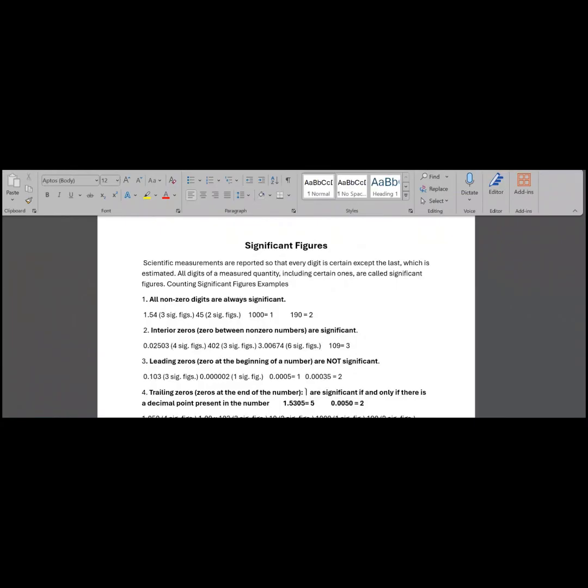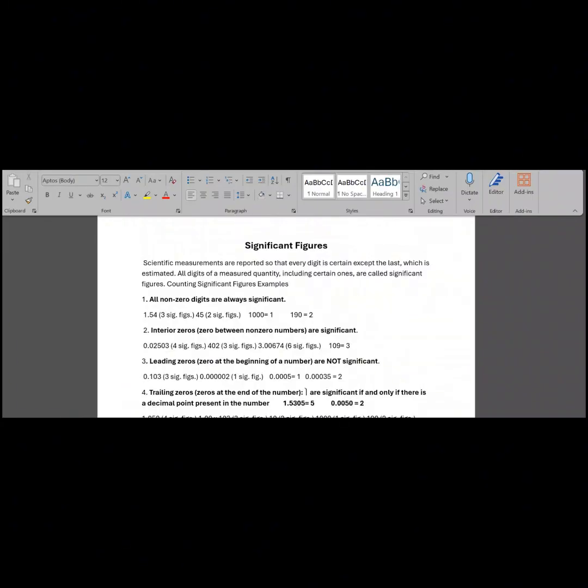Okay? Okay, let me give you the notes now. So these are the notes starting from the definition. What are significant figures? Scientific measurements are reported so that every digit is certain except the last, which is estimated. All digits of a measured quantity, including certain ones, are called significant figures. Counting significant figures examples.